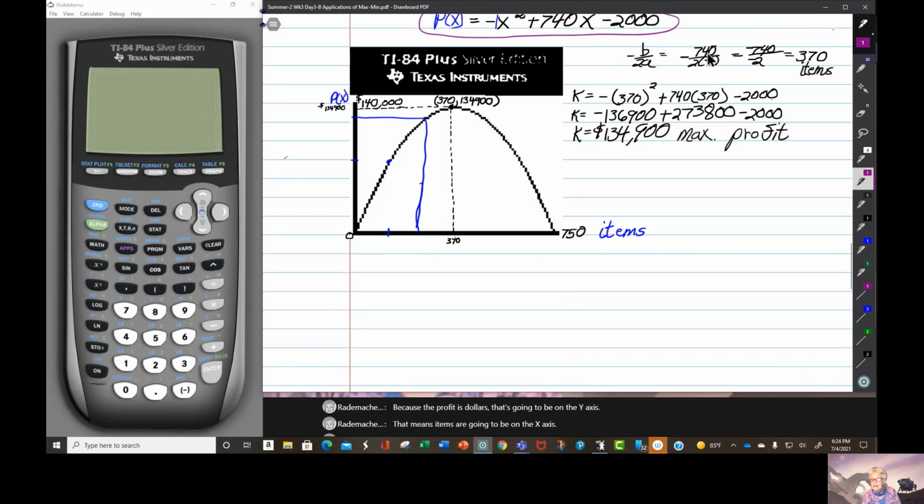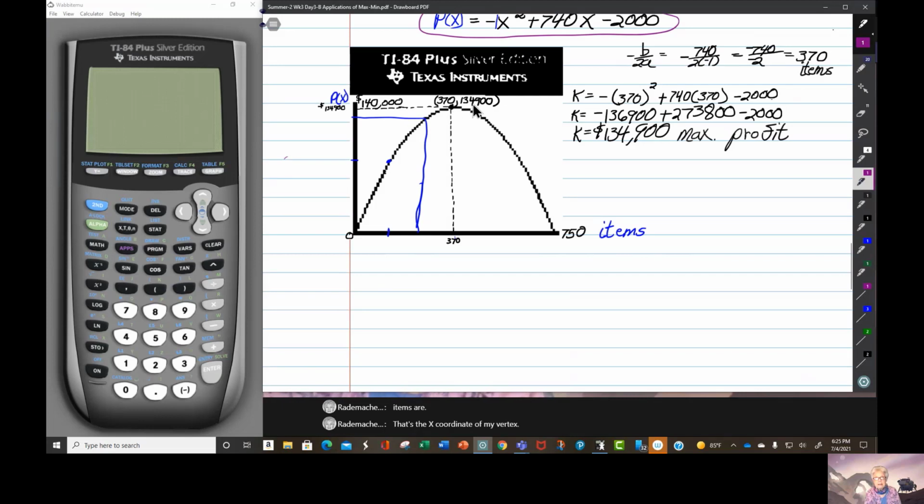Negative B over 2A is negative 740 over 2 times negative 1, which is negative 740 over negative 2, which is 370. You're going to need to produce and sell 370 items, whatever those items are. That's the x-coordinate of my vertex.